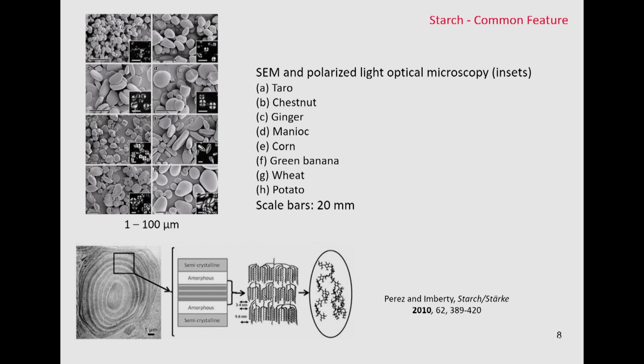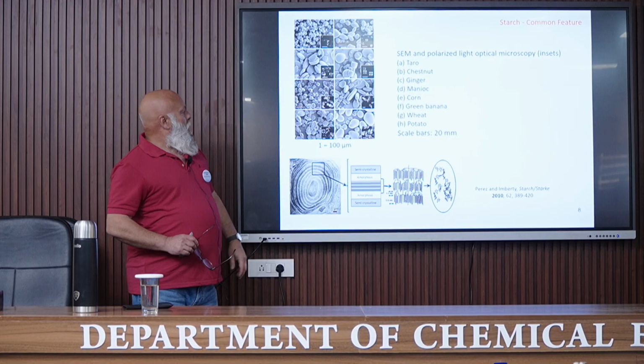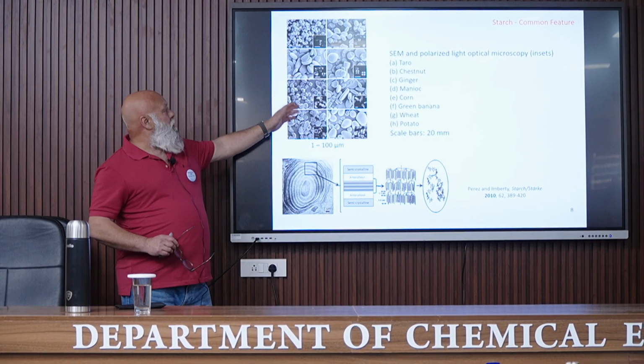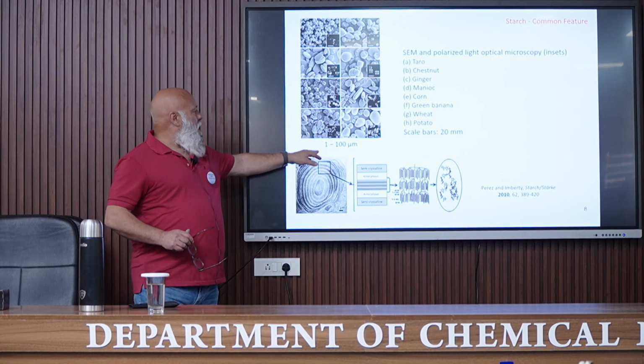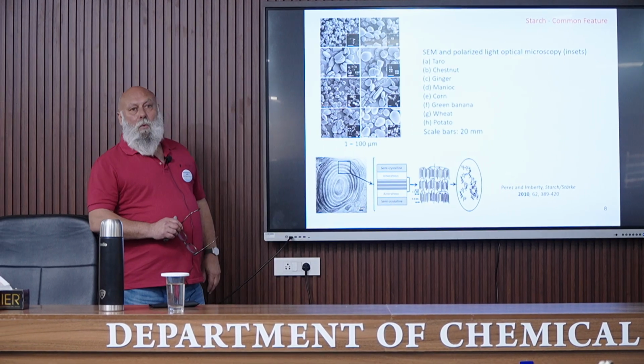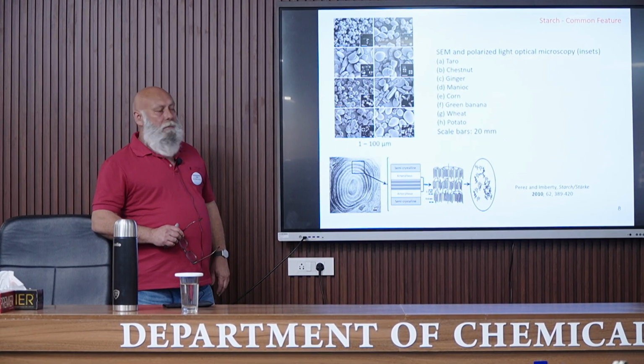You have some examples of starch granules here from different sources of starch. And so they're not perfectly spherical particles, but the dimensions roughly range from 1 to 100 micron.